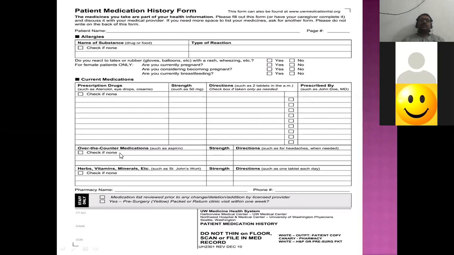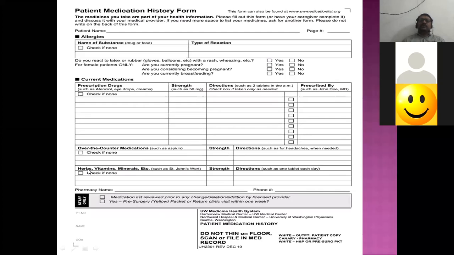Another is OTC drugs, over-the-counter medications, if taken currently. Tick the checkbox and write down which medicaments were consumed OTC, along with their strength and the directions given by the pharmacist when taking the OTC medicaments.